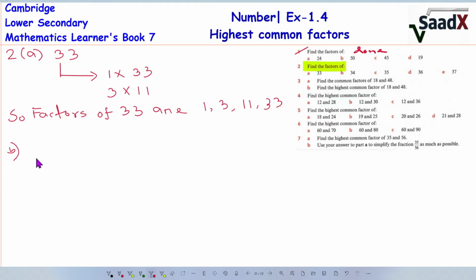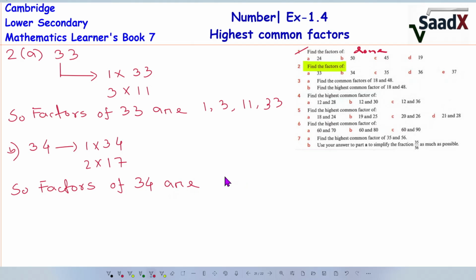Number B, 34. This one 1 times 34, 2 times 17, right? So similarly we can write factors of 34 are 1, 2, 17, 34. Number C, we will find out factors of 35.